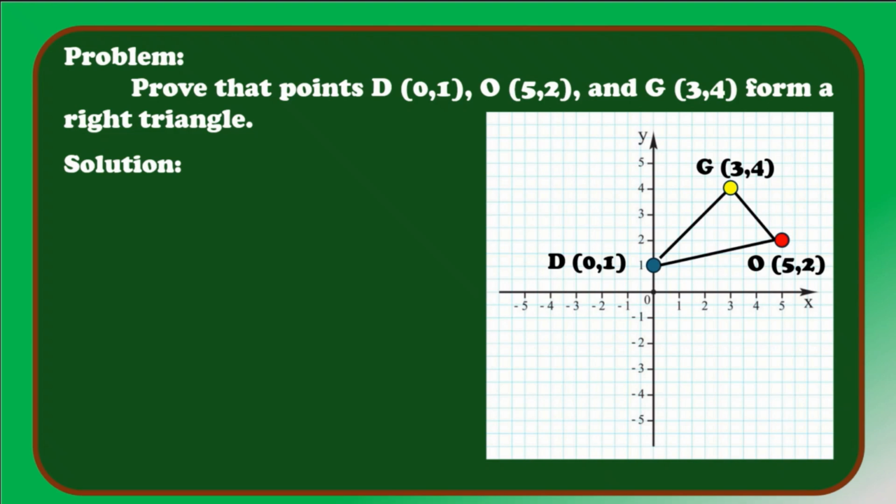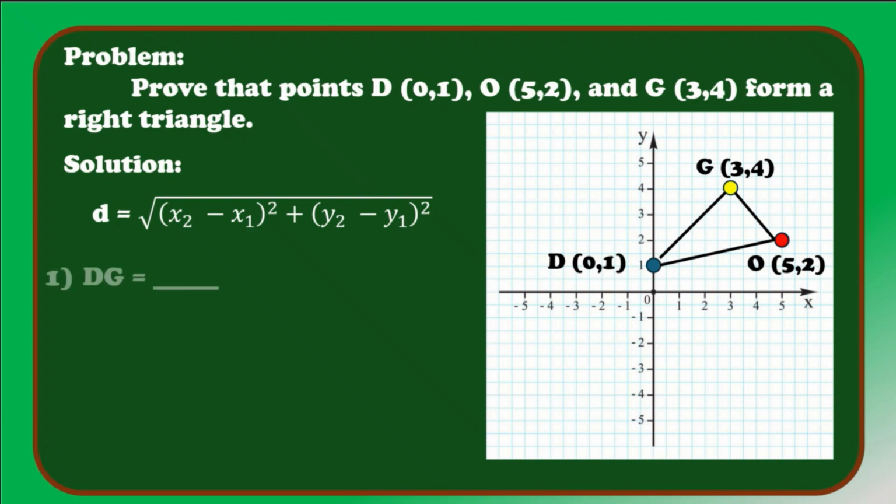In order to conclude whether it is a right triangle or not, we're going to first need the measurement of the sides, and this can be obtained through the use of the distance formula between the points. The distance formula once again is d equals the square root of the sum of the quantity x sub 2 minus x sub 1 squared plus the quantity y sub 2 minus y sub 1 squared.